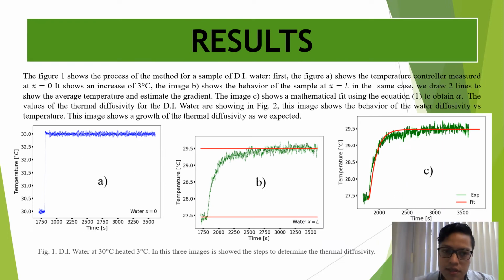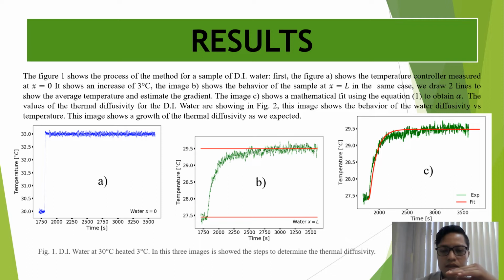With this, we can see figure 1, which shows the process of the method for the deionized water sample. First, figure A shows the temperature measured at x equals 0, and after it shows the controller measure.